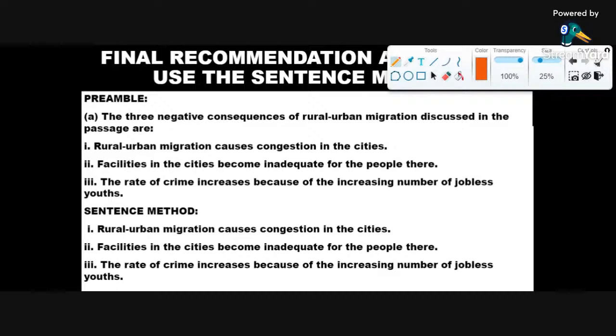And so you cannot pigeonhole a candidate to the kind of preamble that makes the answer part of the preamble. No. What you are basically required to present in answer to each summary question is a sentence. And that's why you always read the instruction: in 2 sentences, in 3 sentences, in 4 sentences, in 5 sentences, in 1 sentence, in 6 sentences, one for each.